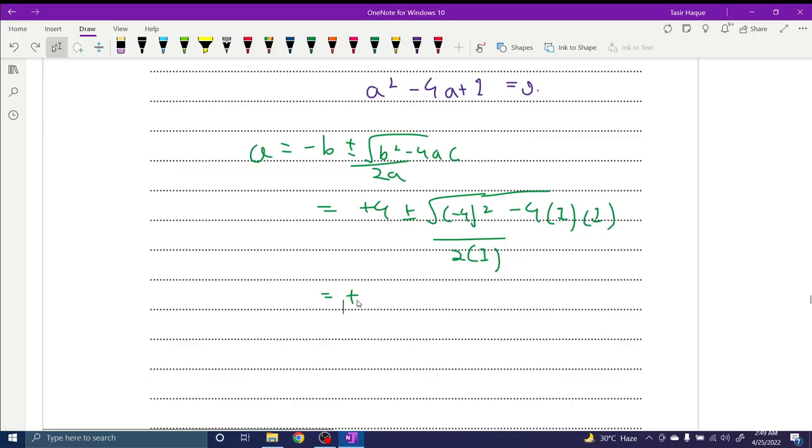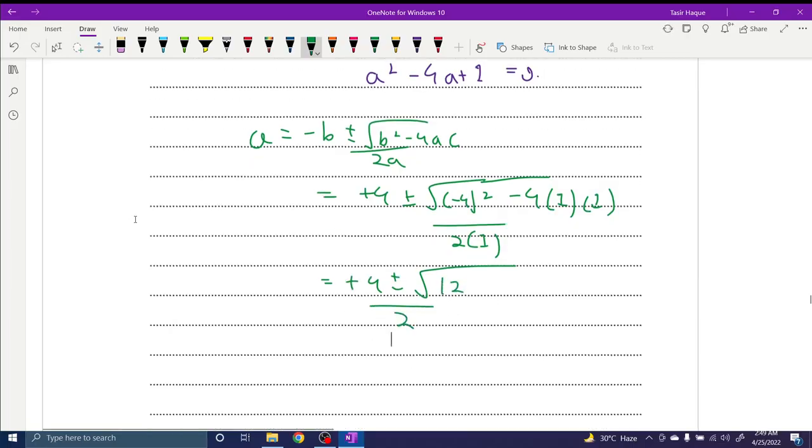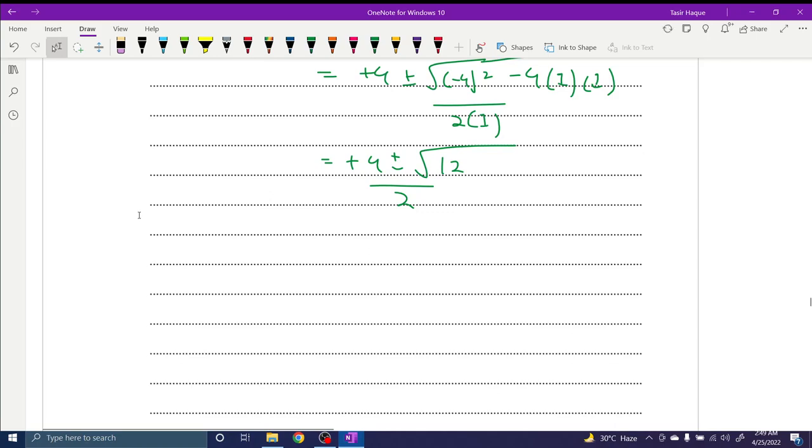Plus 4 plus minus root over 16 minus 4, which is 12, by 2. Root 12 is 2 root 3. So it's 4 plus minus 2 root 3 by 2, so one of them is 2 plus root 3 and the other one is 2 minus root 3.